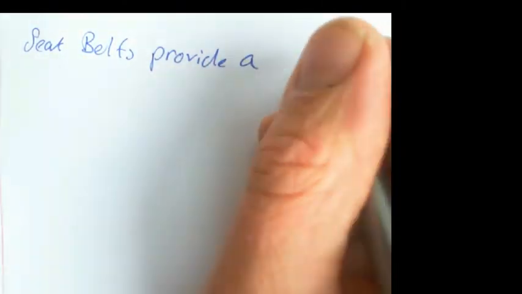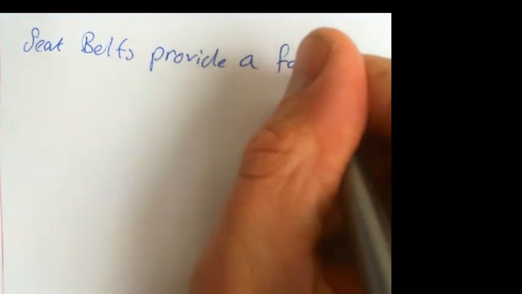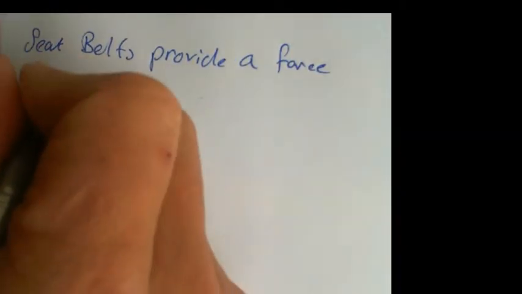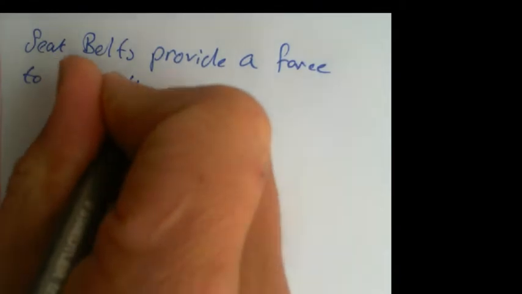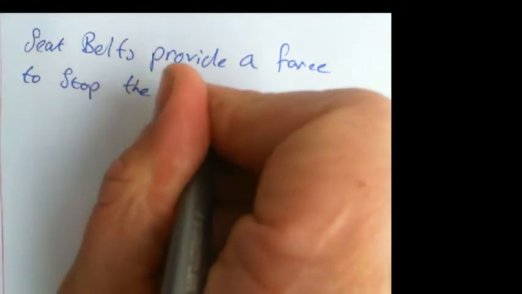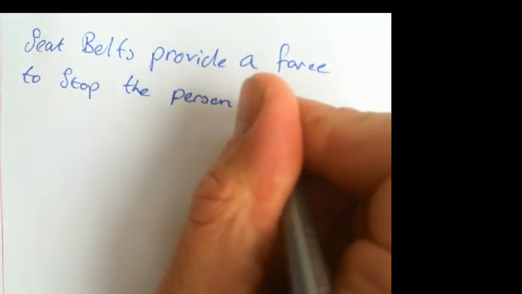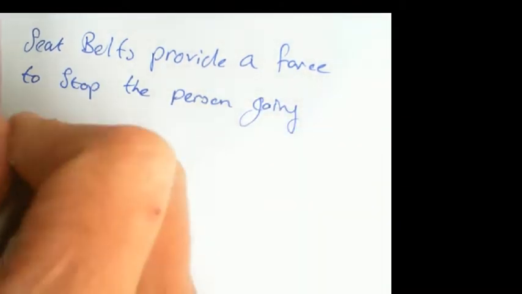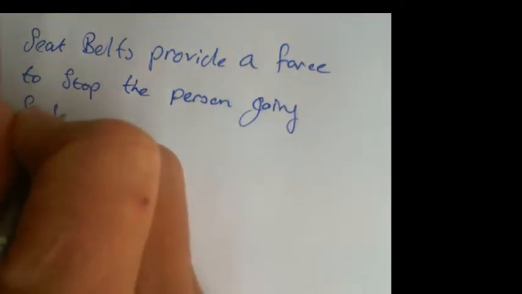Okay, next, seatbelts. Seatbelts are slightly different. And what they do is they provide a force to stop the person going forwards.